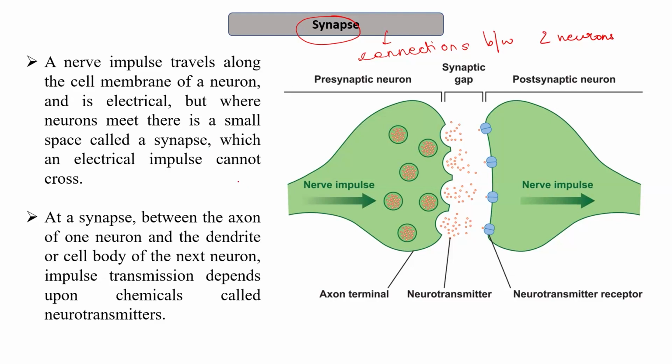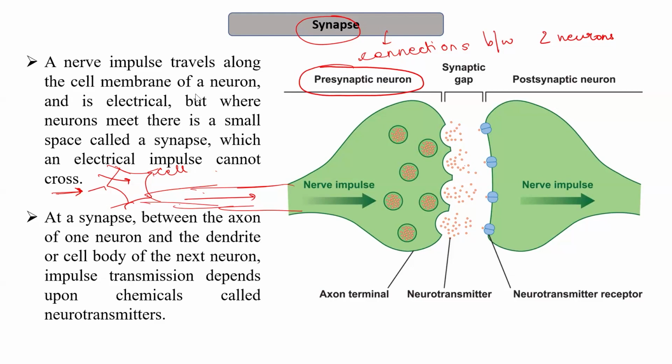So as I mentioned, the dendrites of one neuron. If I expand this figure, considering this as the axon and this as the cell body, we have various dendrites in this neuron. Dendrites receive the nerve impulse, which is then passed to the cell body, and through the axon it reaches the axon terminal. So this is the presynaptic neuron.